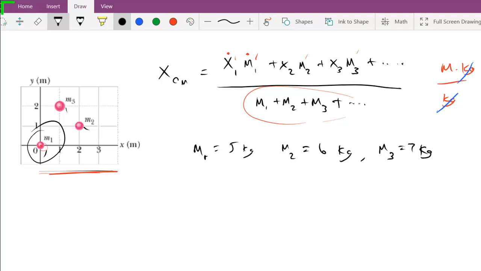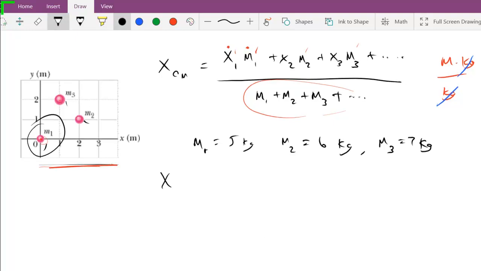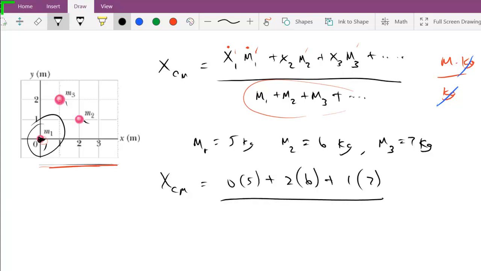So to find the x center of mass of this, we would just take the coordinate of mass 1, which is located at the origin, so we have 0 times 5, plus the x coordinate of point 2, which is 2, times the mass of 6 kilograms, plus the x coordinate of point 3, which was 1, times the mass of 7 kilograms, and then we divide by the total mass.